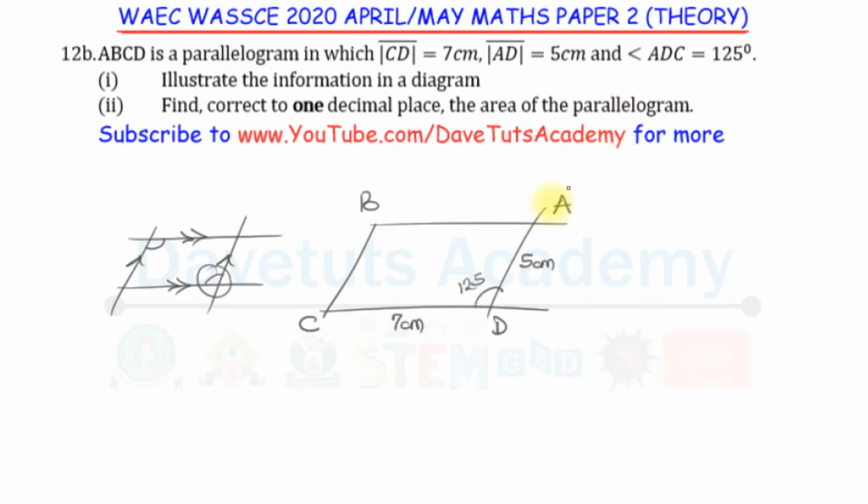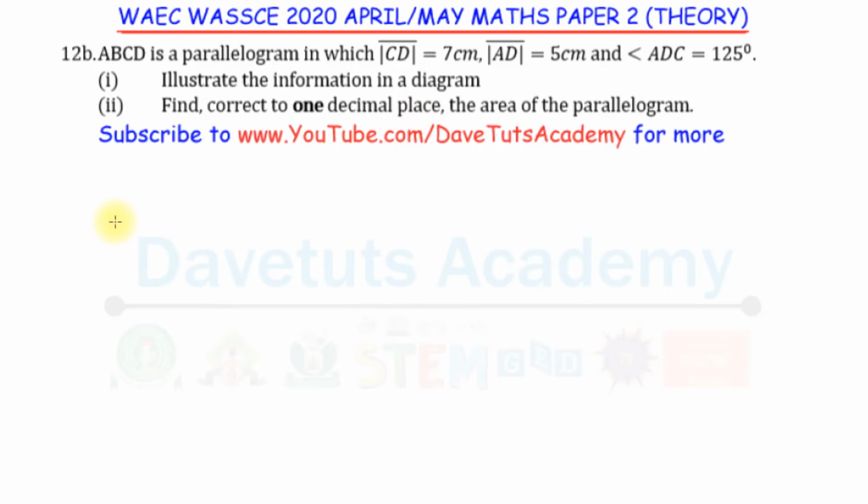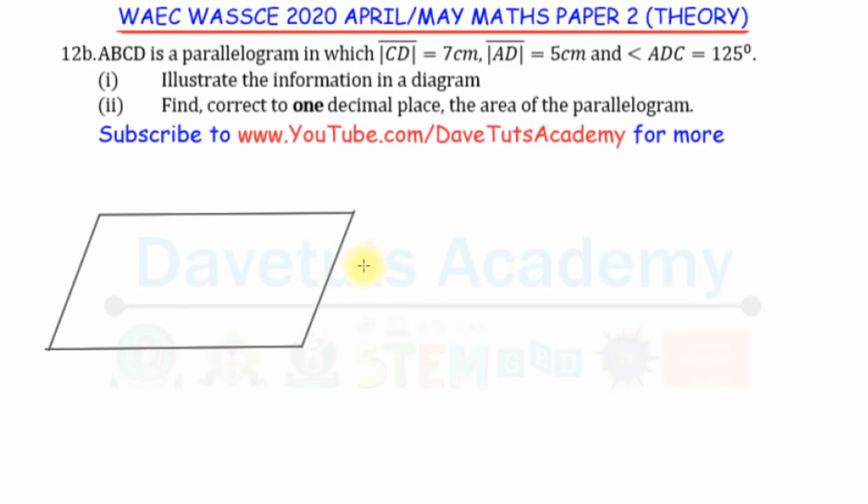I'm still going to construct it correctly, so I can clear the board, and now I can correctly represent the diagram just like this. I have this line, I have this line, I have this line, just some pictorial view that will make sense, and we need to show that this line is parallel to this line, and this line is parallel to this line.